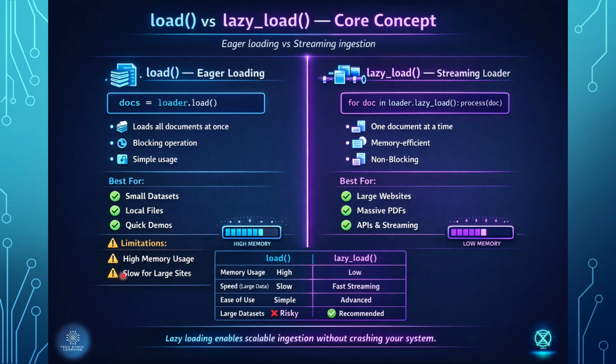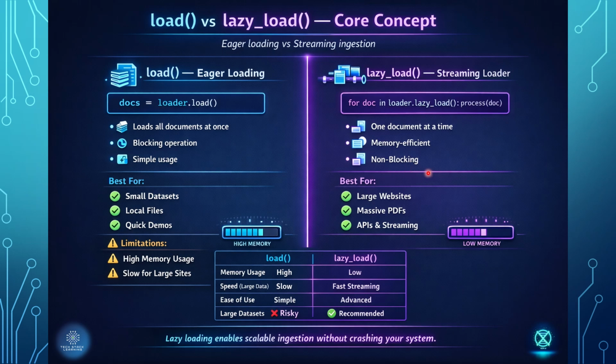But it can consume high memory for large data, and it can also be slow for large sites. That's where .load is applicable, whereas lazy_load is majorly for streaming. It uses a generator-based streaming approach, loading the documents one at a time, which is memory efficient and non-blocking.